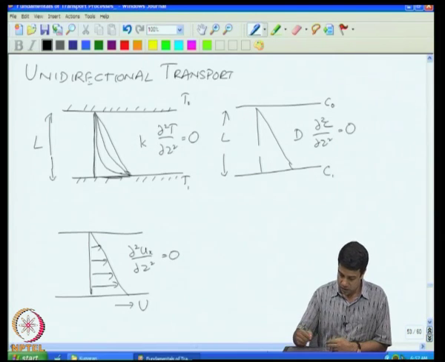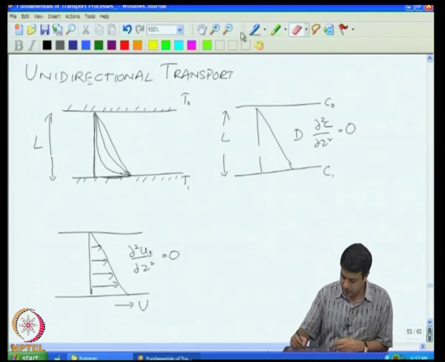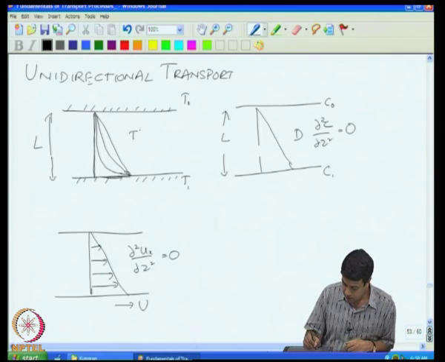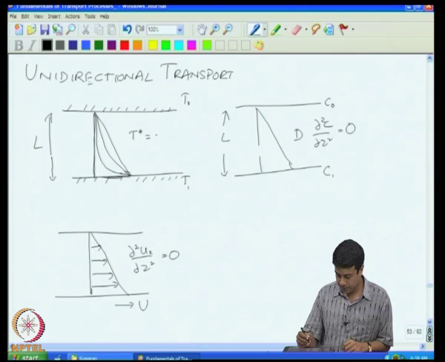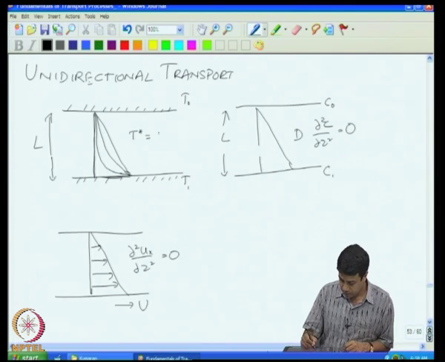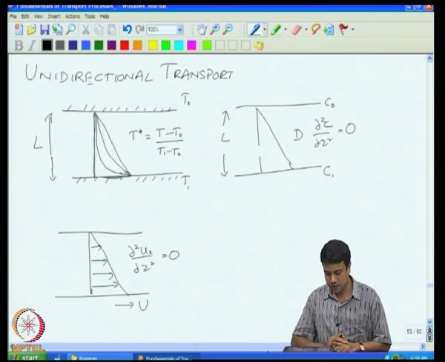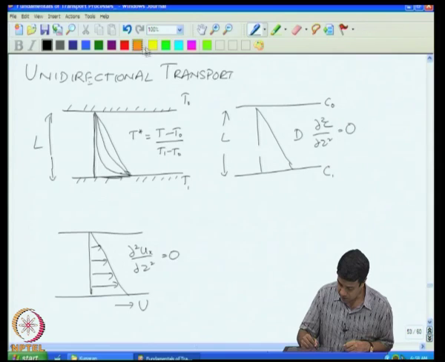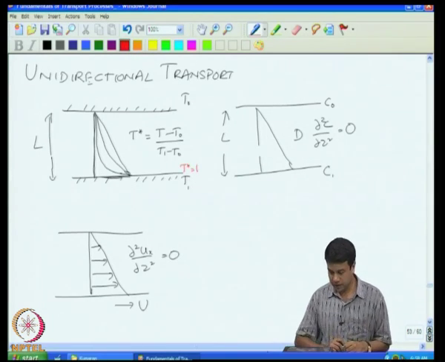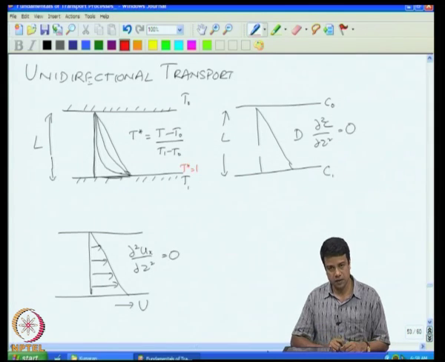So, if I define a scaled temperature T star is equal to T minus T0 by T1 minus T0, in that case, at the bottom surface, T is equal to T1, so T star is equal to 1.